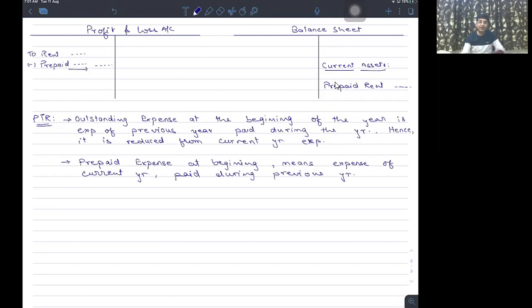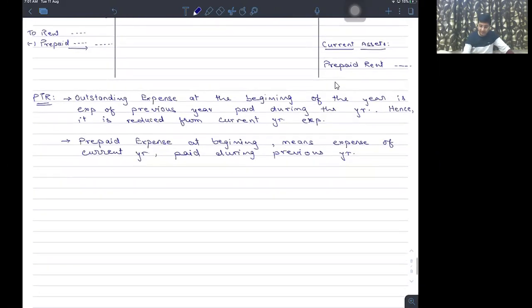Expense of current year but paid during previous year. Hence, it is added to current year expense. I hope you are getting these points absolutely correctly.